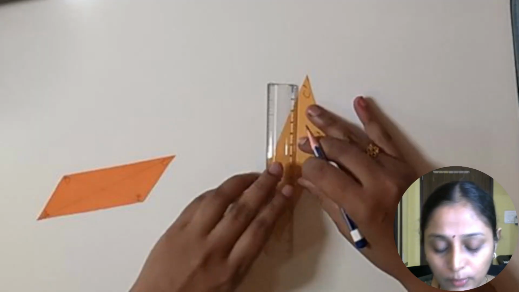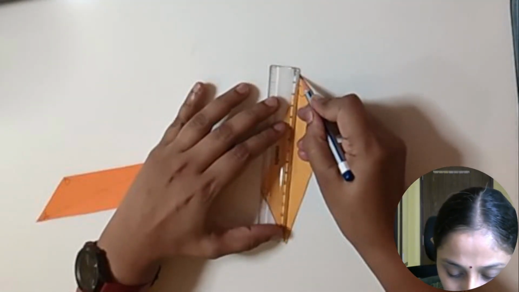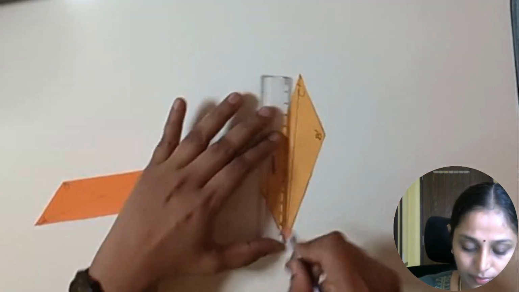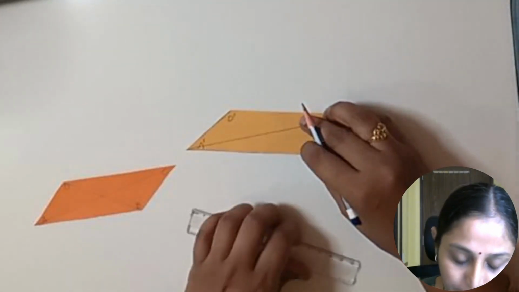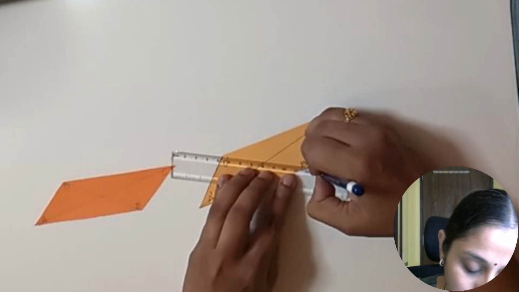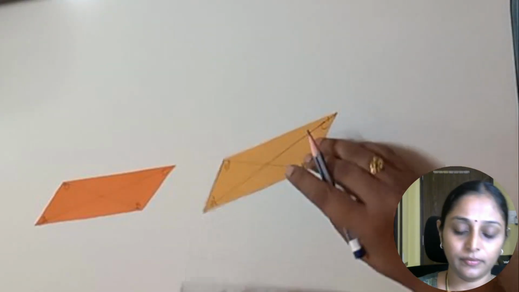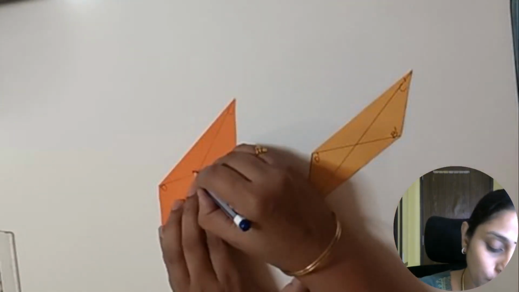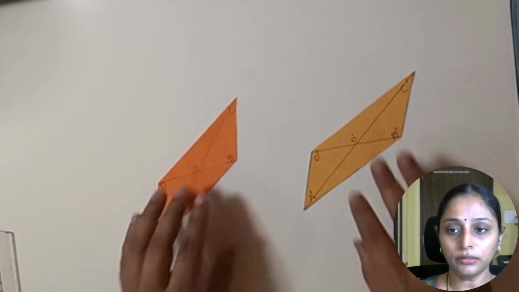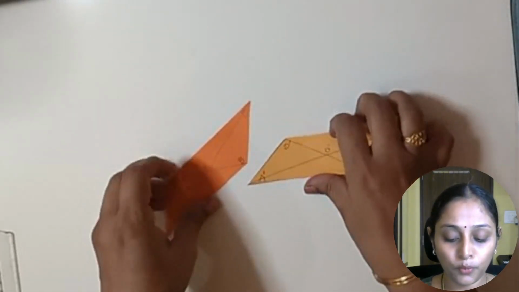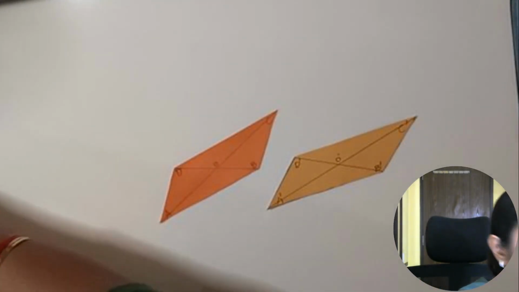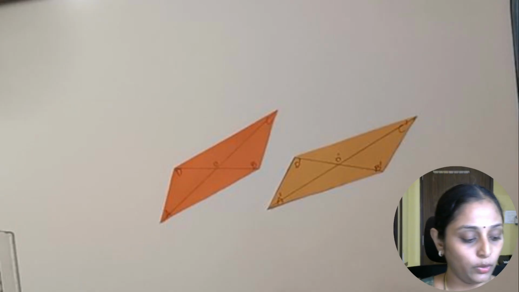And in the second one, this is the first diagonal and this is the second diagonal. Okay, and let me name it O and O dash. So these are the points at which I'm going to pin them. Okay, and then we have to rotate them.